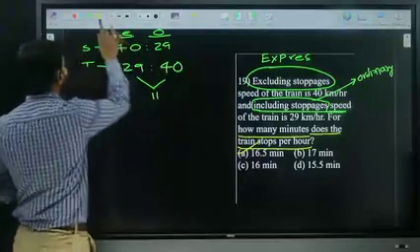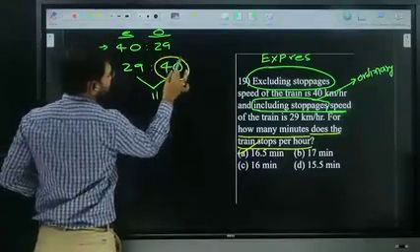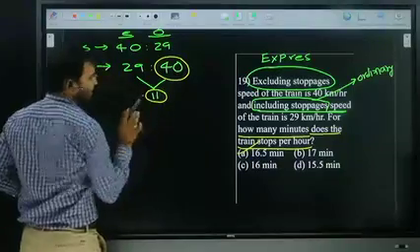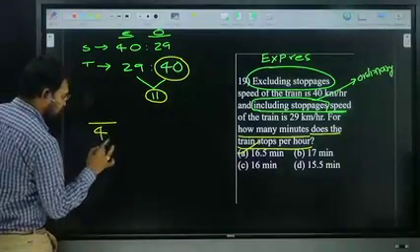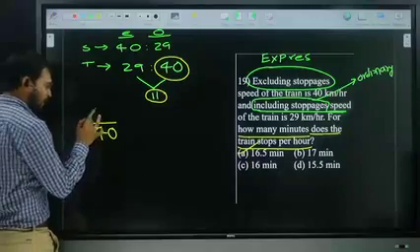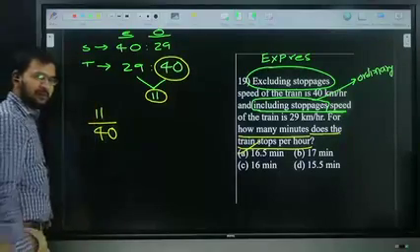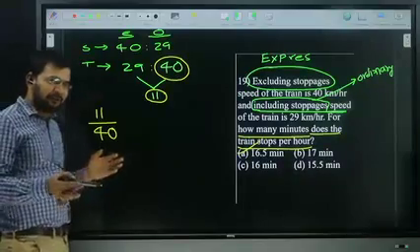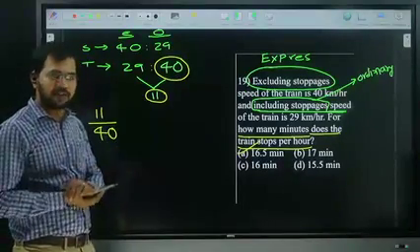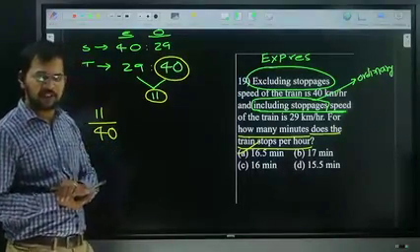Out of the total time, 40 parts, 11 parts they spent during the stoppages. So 11 by 40 of the hour they spent during the stoppages. All of you clear?